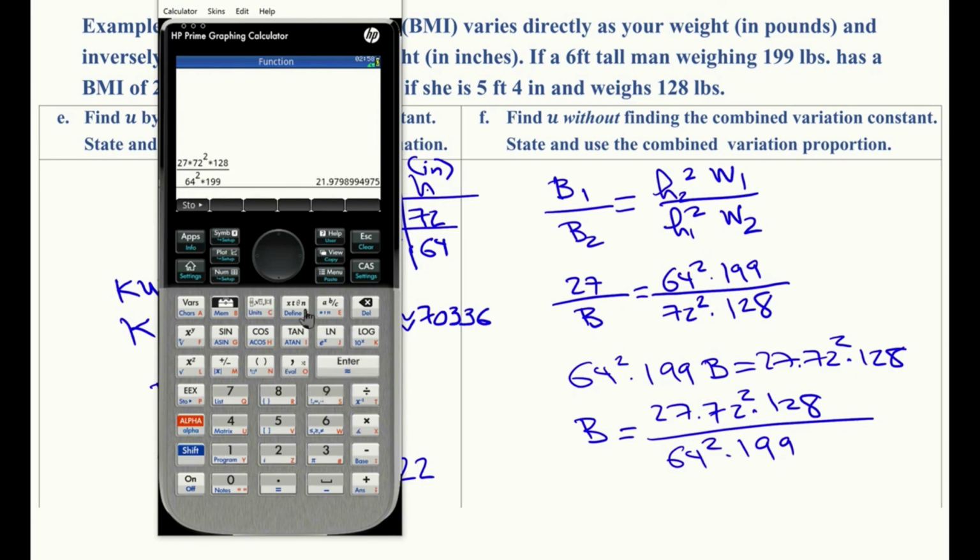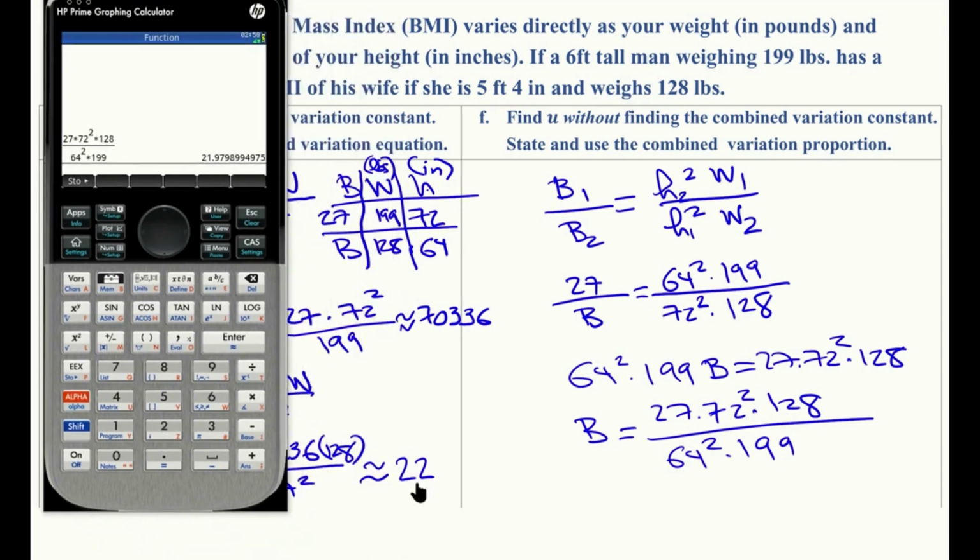All right, so notice it's extremely close to what this result was, the previous result we had, which was 21.98 if you recall. But if you're going to go really accurate and pick one of these two, pick this one, because notice with this one we didn't do any rounding. With this one we had a little bit of rounding right there.